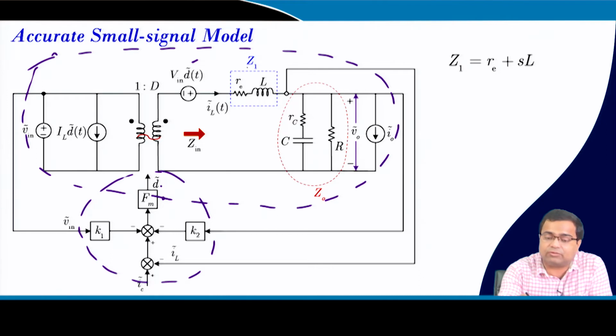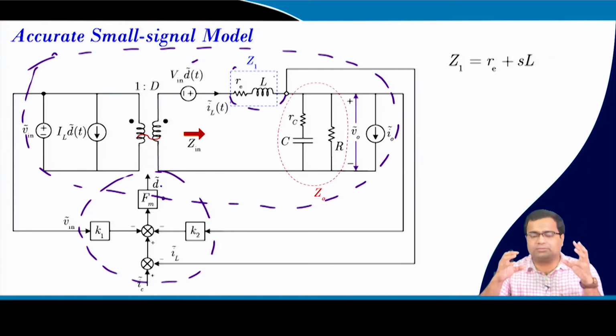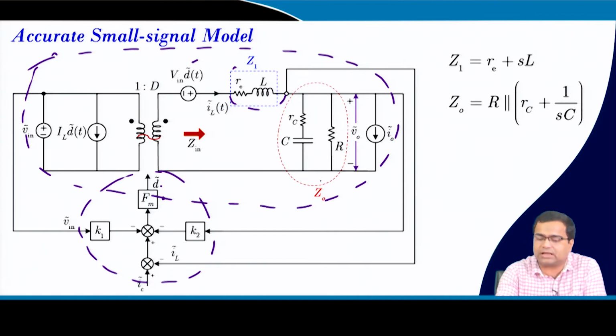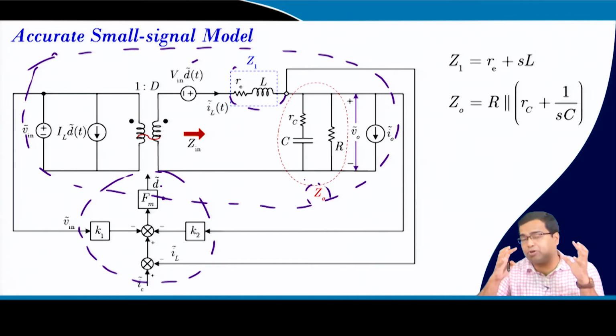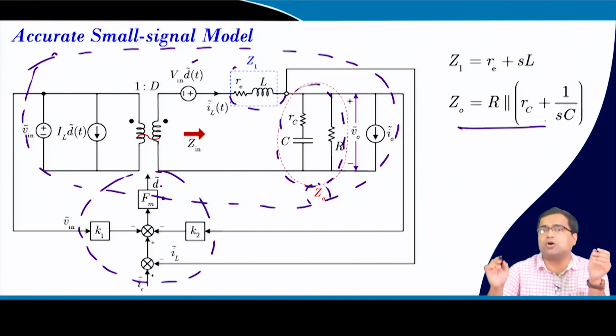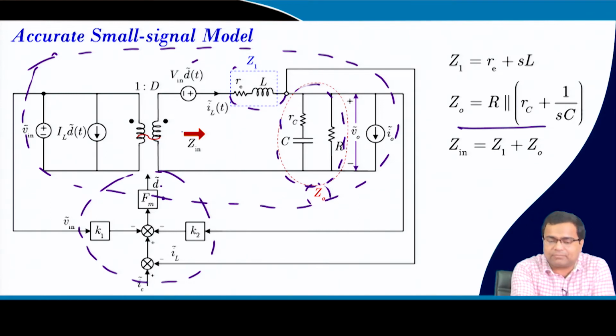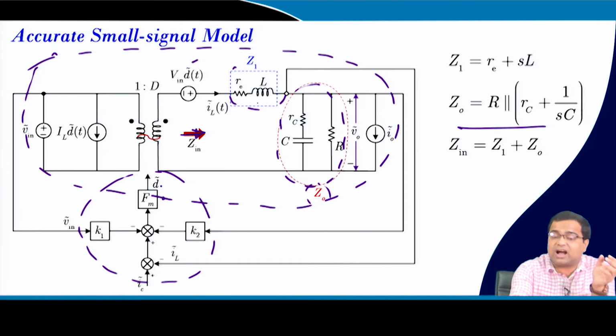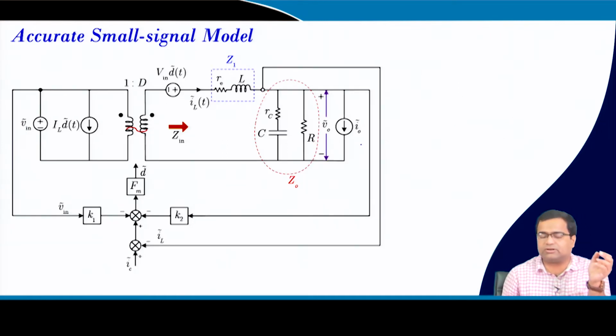Here we are considering Z1, which is the impedance of the inductor plus its equivalent resistance, and equivalent resistance consists of inductor DCR plus switch RDS on, all are included, and then Z0, which is the output impedance, because we know for approximate small signal model this branch becomes the output impedance, right. So, that we are writing as output impedance, and if we look from this side of the converter, then the input impedance is nothing but the RL circuit that is in series with the parallel combination of Z1 and Z2.